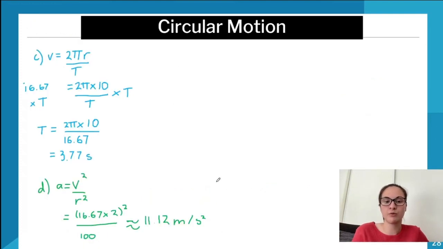Now let's see what happens to the force. So the force is mass times acceleration. And our mass will be, what's the name? 1,000? Wait, is it 1,000? Yeah, 1,000.